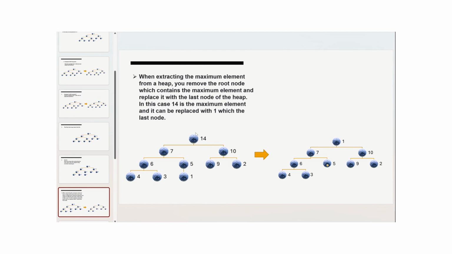In this case, the maximum is 14 and the last one is 1. So replacing 14 with the last node, which is 1, will give us a heap just like this, with 1 coming to the top spot.